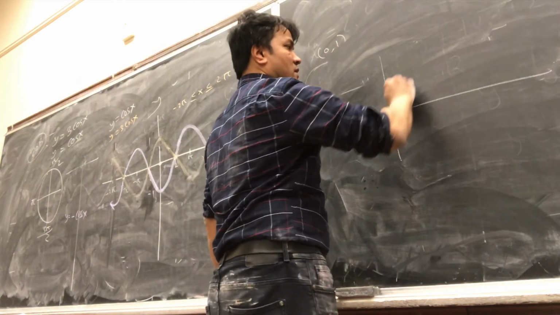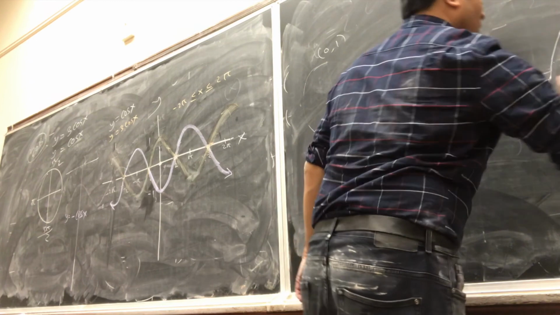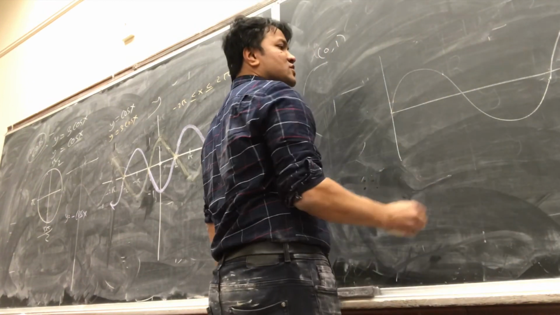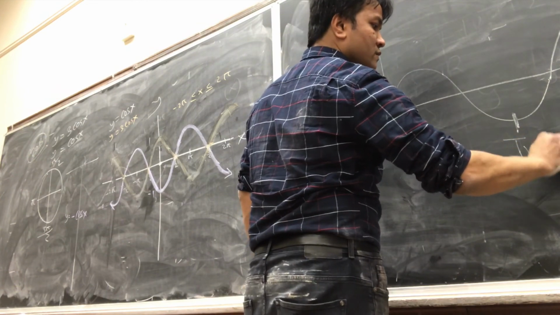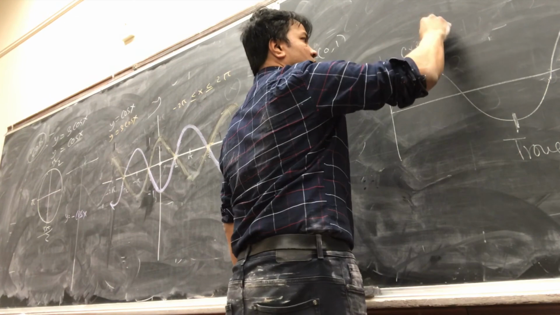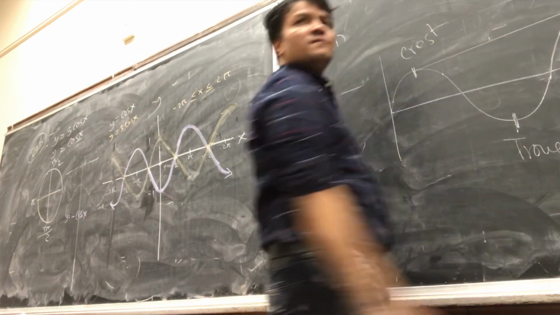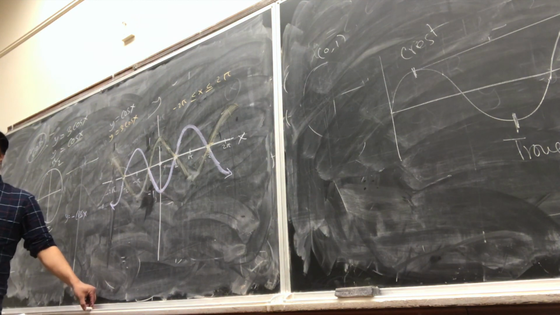This is called trough. This is called crest. Crest to crest is 1 cycle. The question I was asking is, it's from negative 2 pi to 2 pi. So does that imply that the graph must be graphed on that particular range? Right, yes.